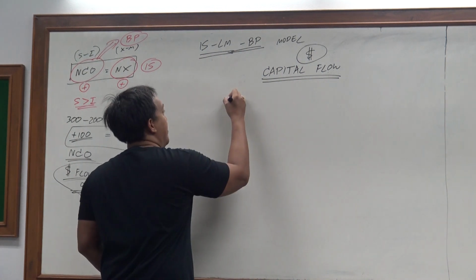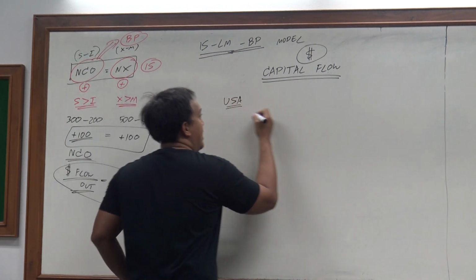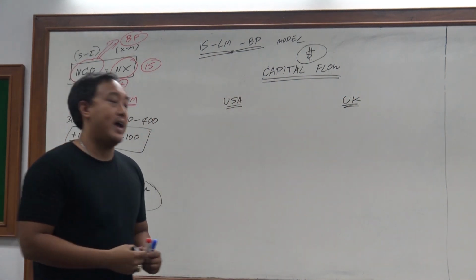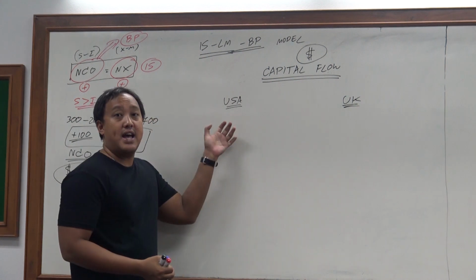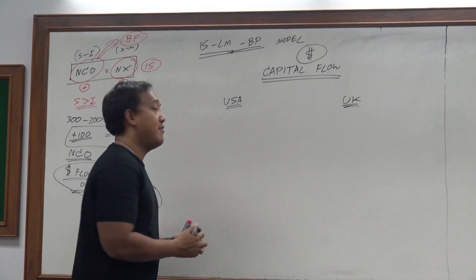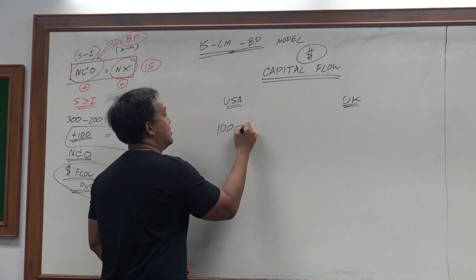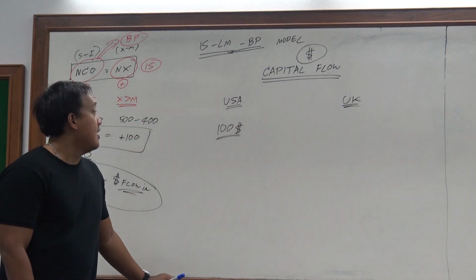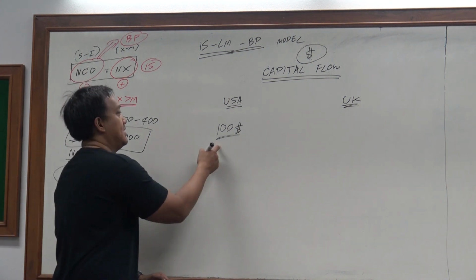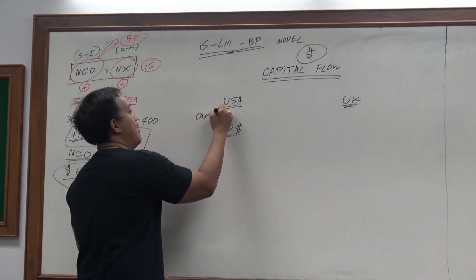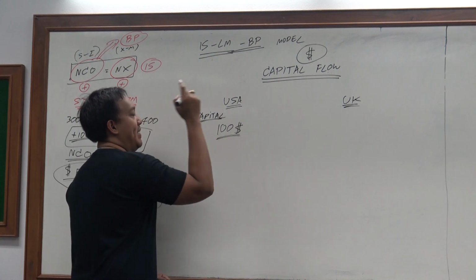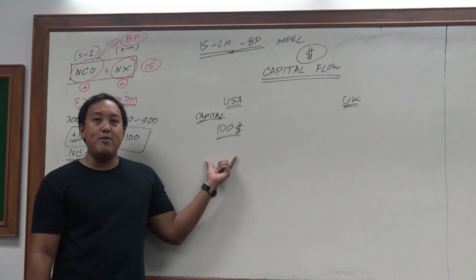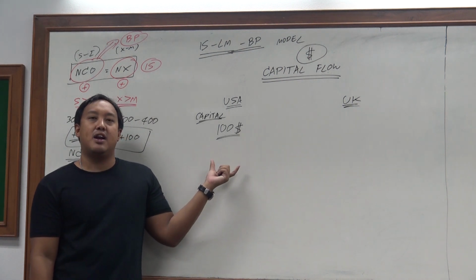For example, if we have two countries, USA and UK, and we stay here in USA, for example we have $100 million in our economy for saving. This is the capital. Our capital equals $100 million.